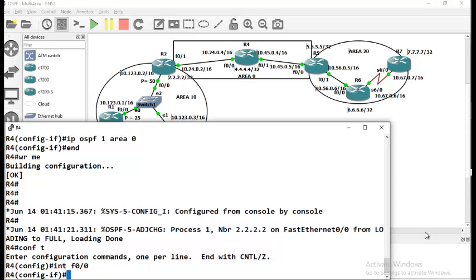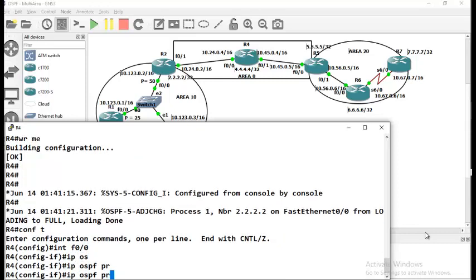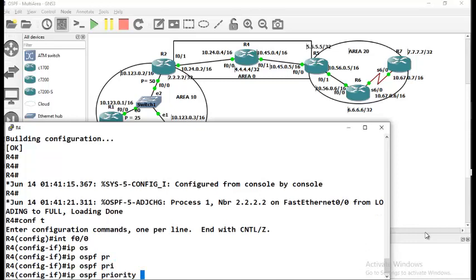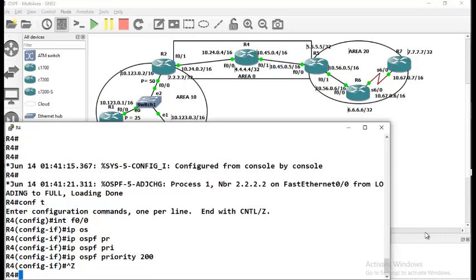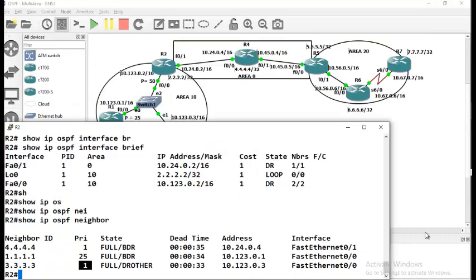After the election, if you say 200, even if you say 200, it cannot become DR because DR is already there. Now I have set 200 there. I can see it here. Wait, I'll show you now.